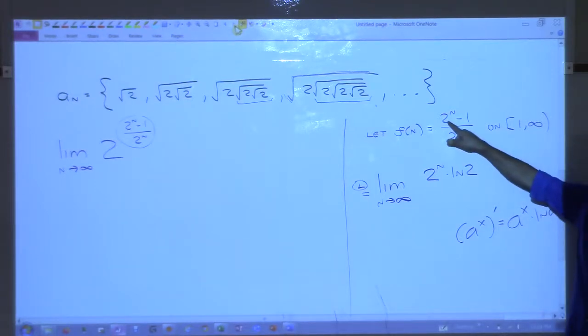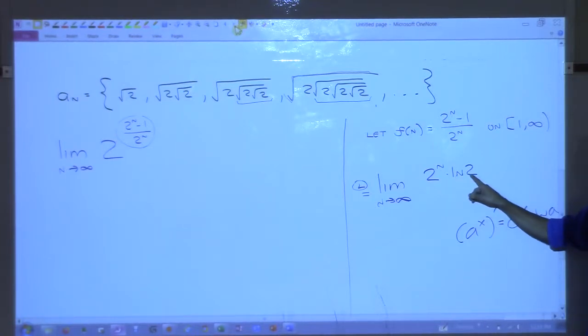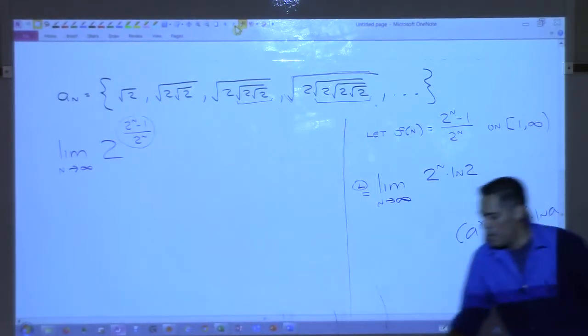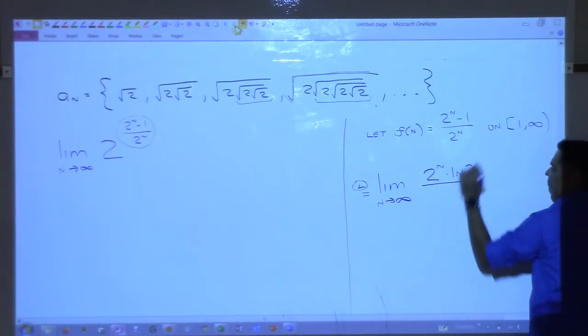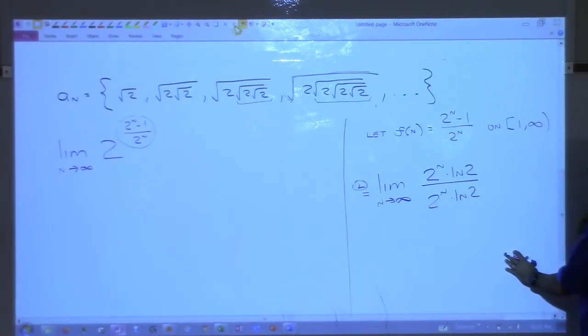That look familiar? Now that I've done it? Okay, minus derivative of 1, which is 0. And then you take the derivative of the bottom, which is the same thing, 2 to the n natural log 2. And that's just 1, isn't it? That's just 1. So that's headed to 1.